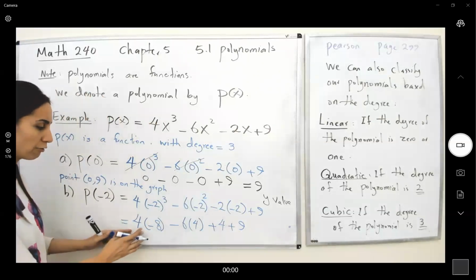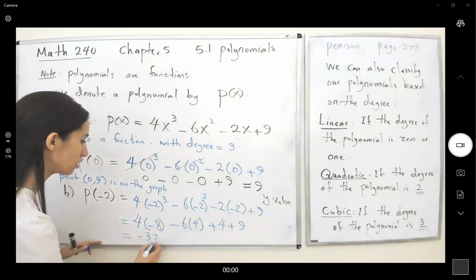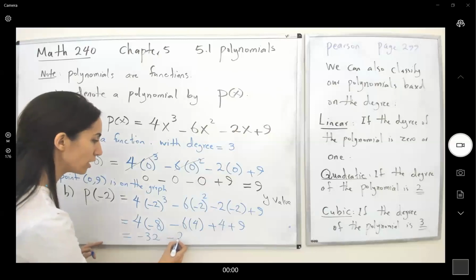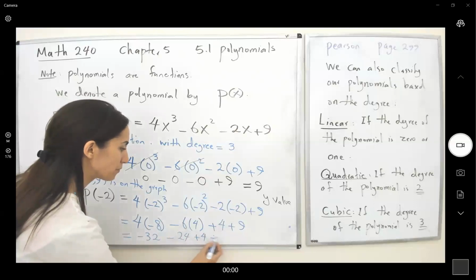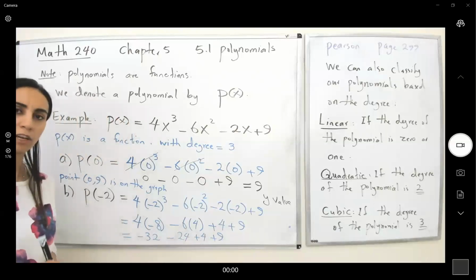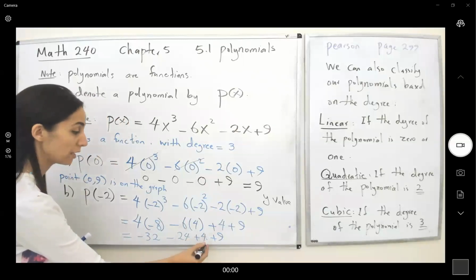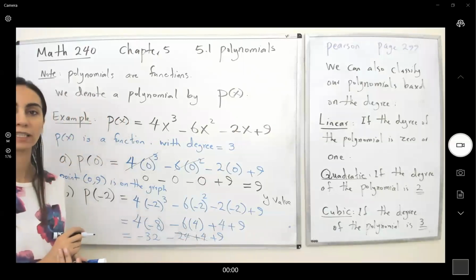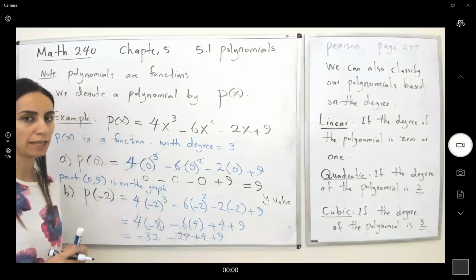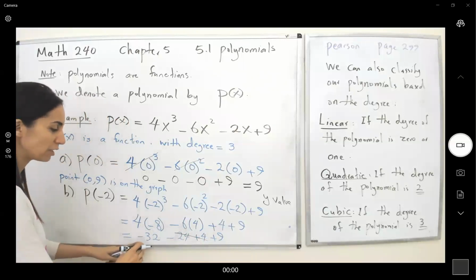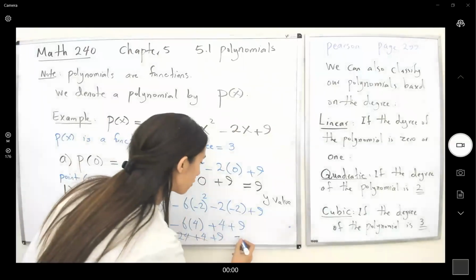Very well. 4 times negative 8, negative 32 minus 24 plus 4 plus 9. Very well. Here you can say that negative 24 plus 4 is actually minus 20. Minus 20 plus 9 gives me negative 11. Negative 11 minus 32, the final answer is negative 43.